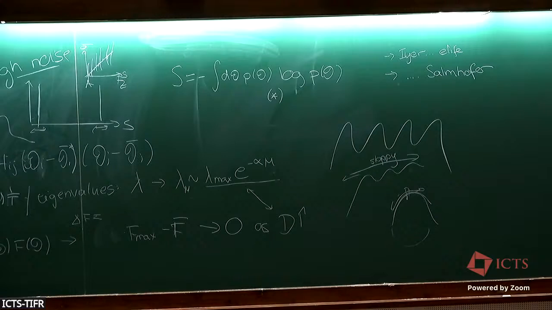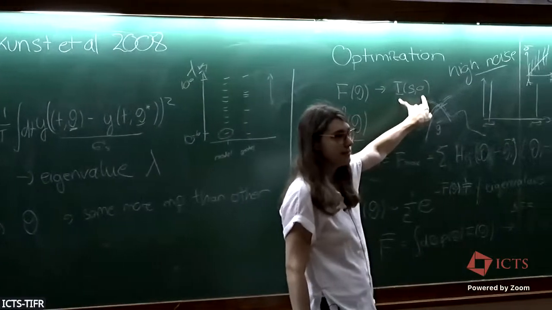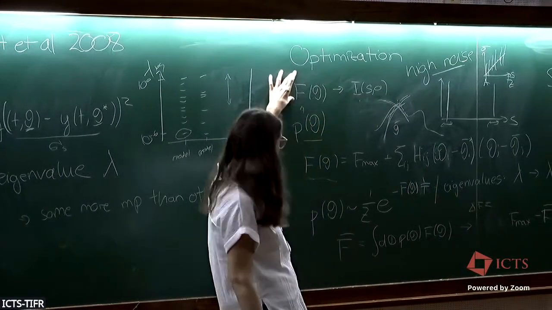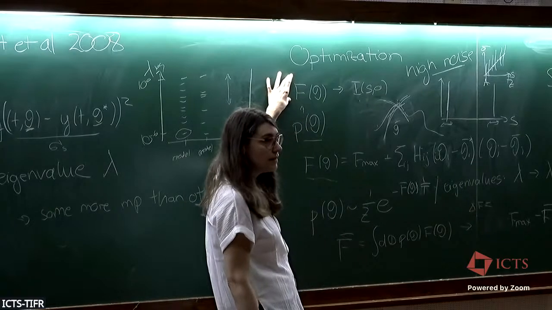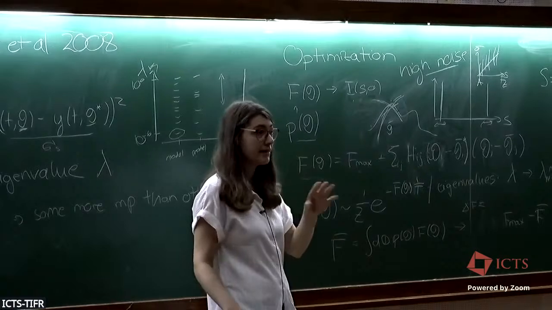Yeah, so maybe I should actually ask if there are questions. Yes. So we are expanding the cost. We are basically saying the mutual information is one example for a cost function. Yes. Interesting. You're saying, is it like a Fisher type thing?